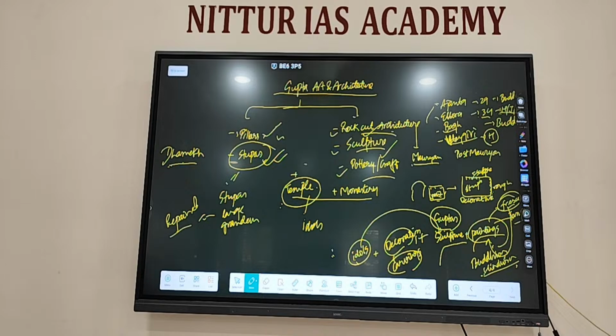And cave number 16 is the famous Kailashnath Shiva temple, belonging to the Rashtrakutas period. Ellora caves.